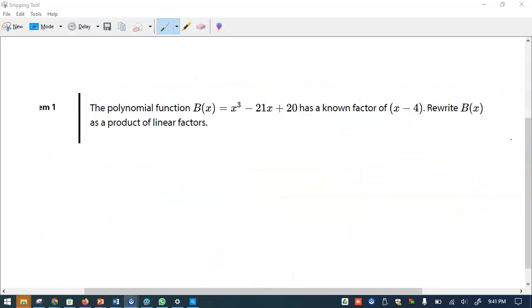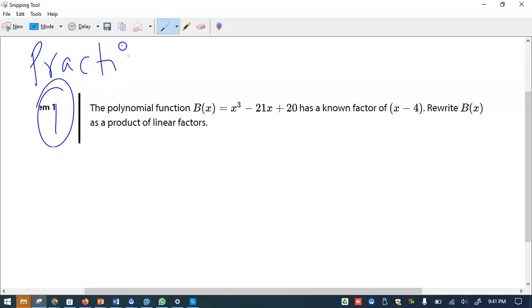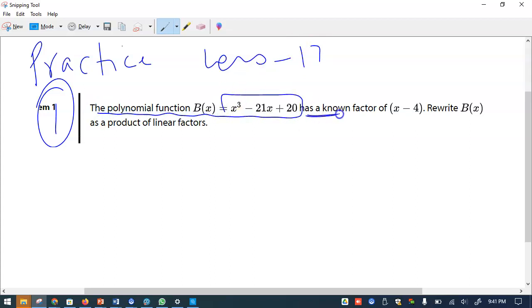This is problem number 1 of the practice problems, lesson number 13. You are given a polynomial this way, and it says it has a known factor of this. This is a factor, which means it exactly divides. So you put x minus 4 and this whole thing here.